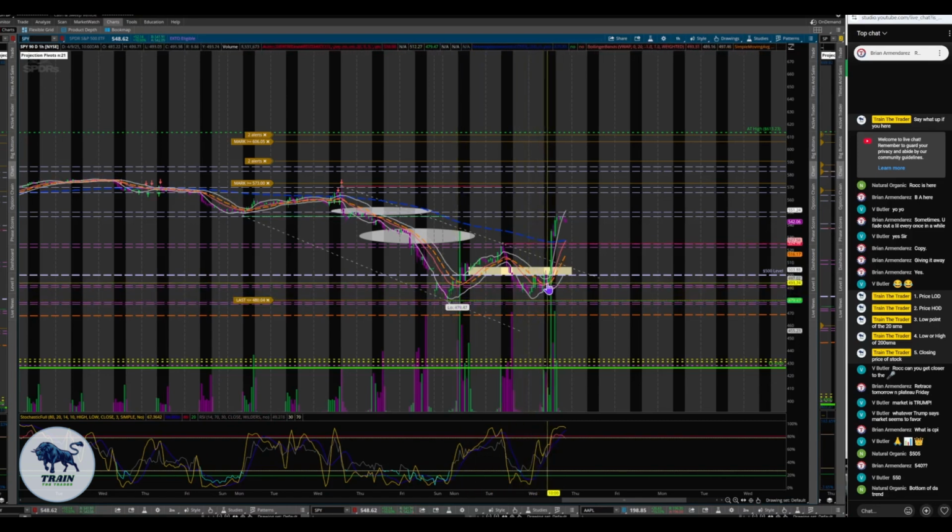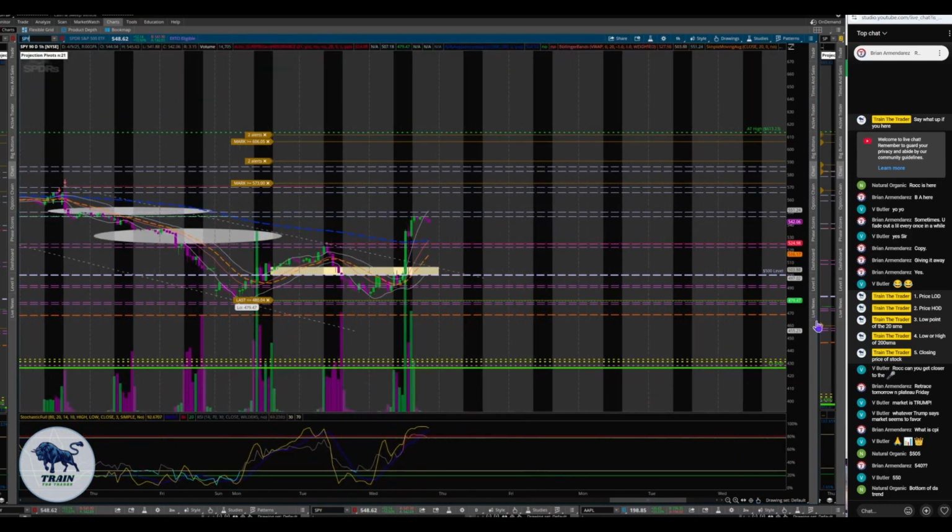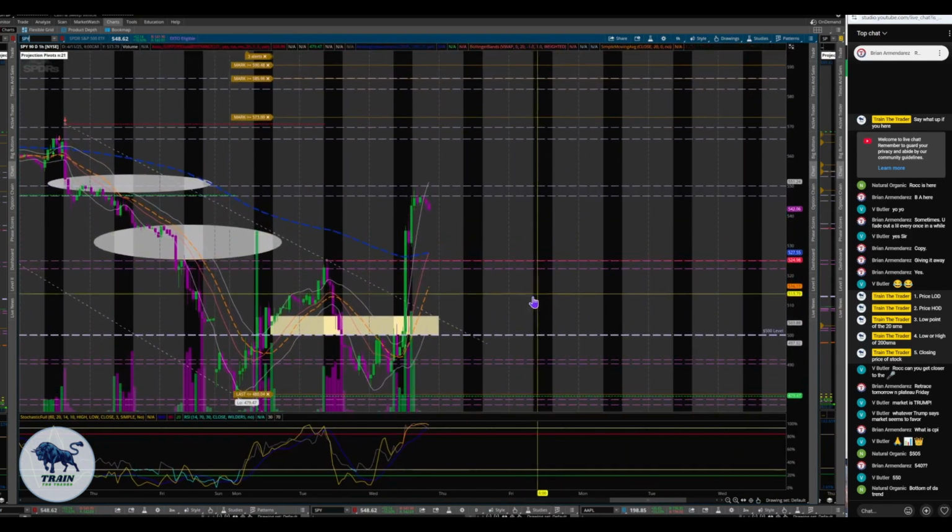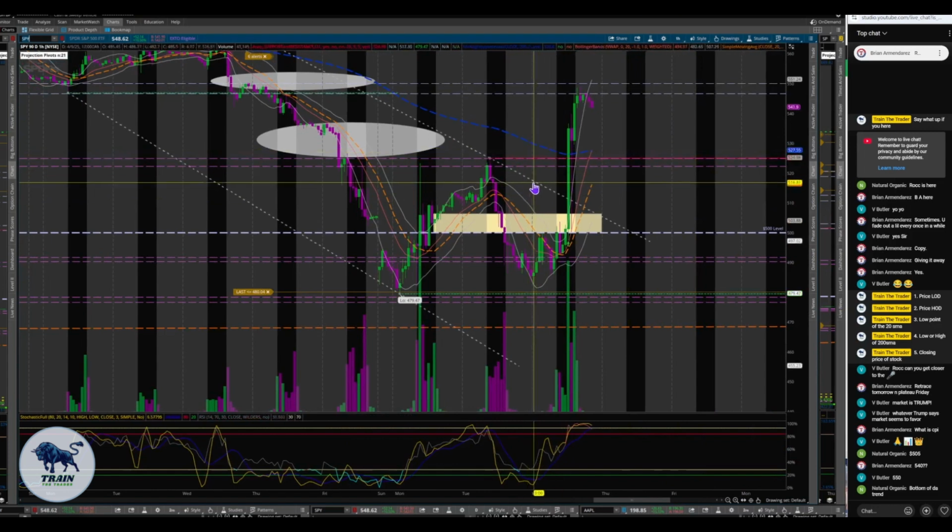To see it start the day like this and then hold that 20, break through the previous day closing zone, boom, take off. But here's our retest. Our retest on SPY is right here. Yep, at 524, 525 area. This is what I think the market is going to do tomorrow.